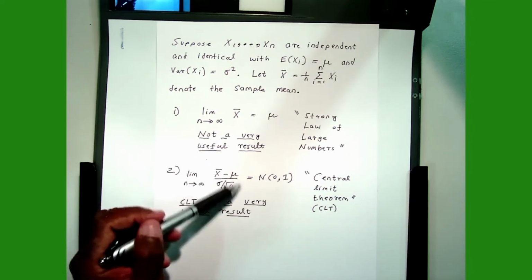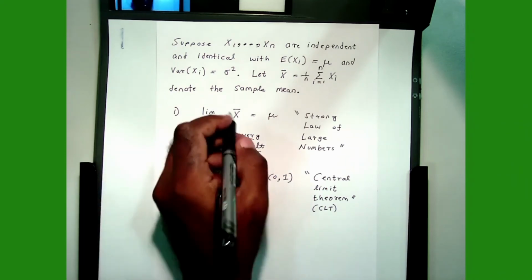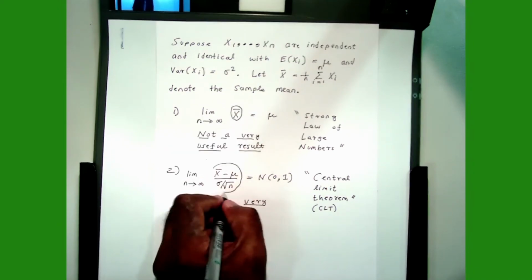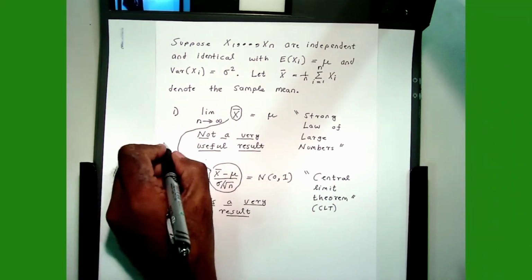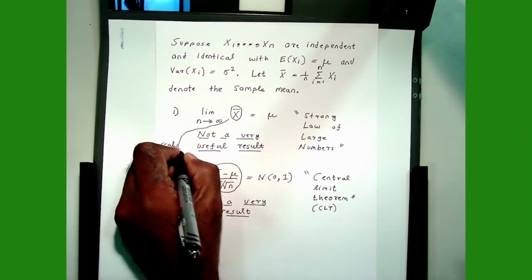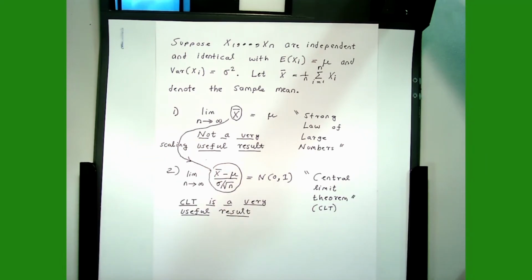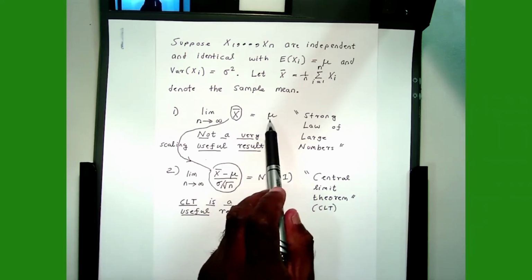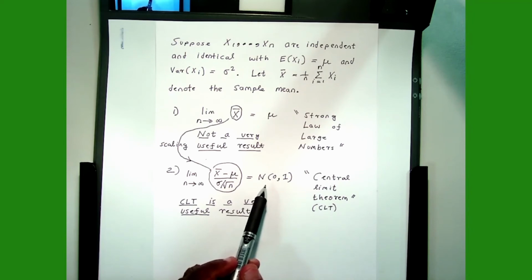So this here is a scaled version of this one. By applying a suitable scaling, we have made sure that the limit, which is a constant here, is no longer constant. It's a random variable which takes the standard normal distribution.